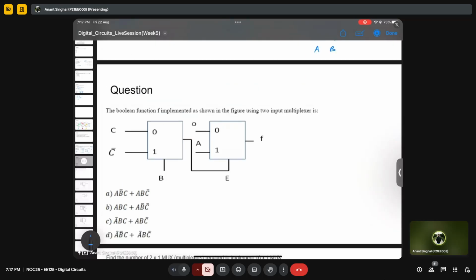It says the Boolean function is implemented using 2 input multiplexers. What is the output F? So again, take maybe 2-3 minutes and let me know the answers in the chat box.